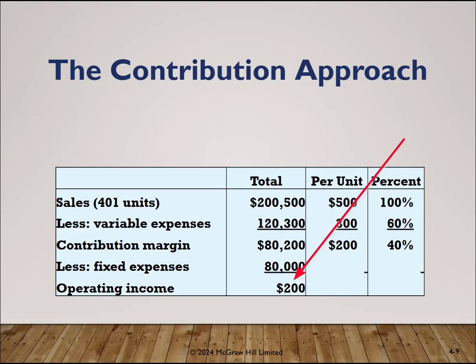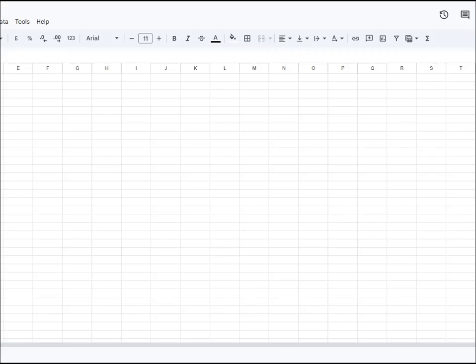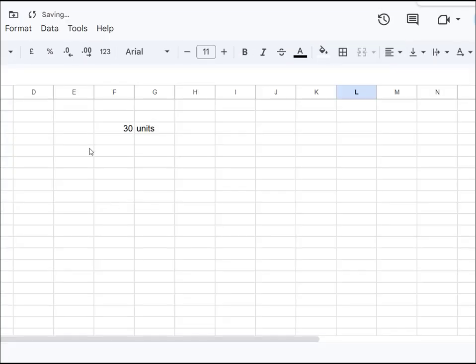Okay, now one more time. What if 430 units are sold? What would the net operating income be? Well, in order to answer that, if we went from 400 to 430, that would be an incremental 30 units. So we'd be looking at 30 extra units, and we know that we have a contribution margin of $200 per unit.